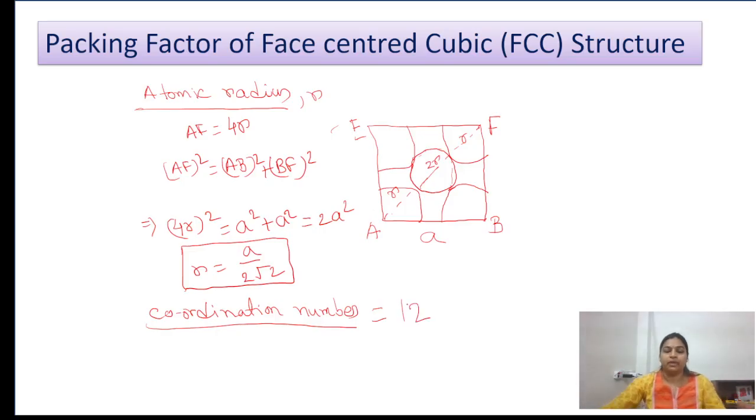Now we will find out the packing factor for this FCC structure.